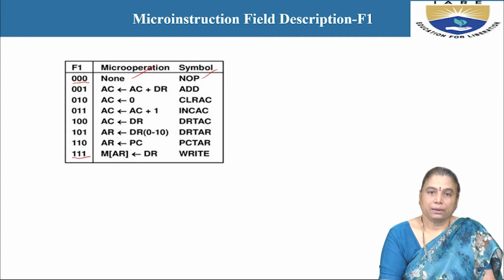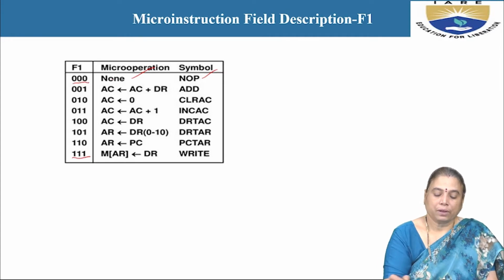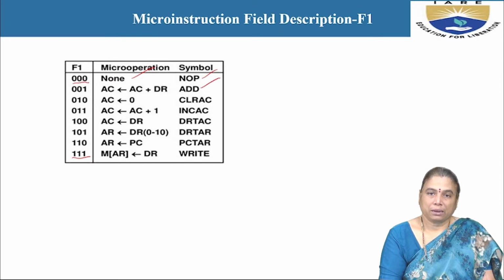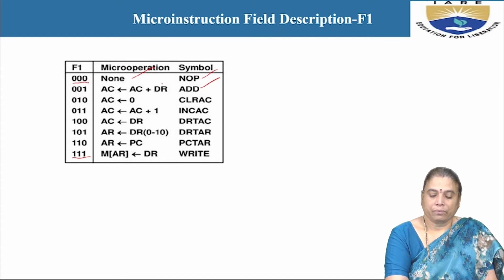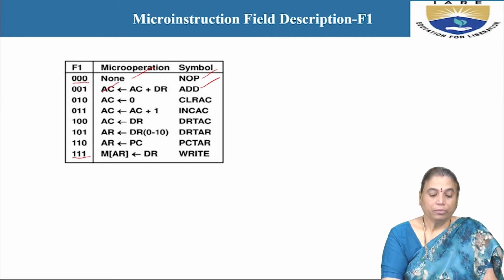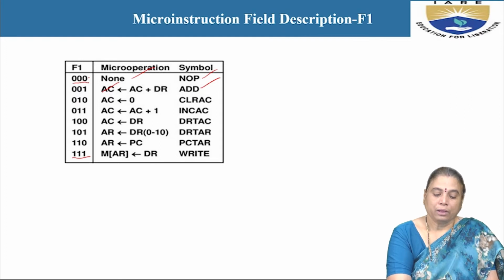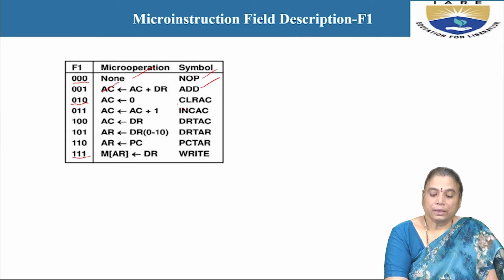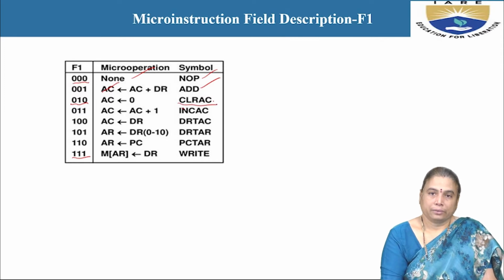If field 1 consists of 001, then the ADD micro operation can be performed. During that time, the data register value is added with the accumulator value and the result is stored in the accumulator itself. In case F1 consists of 010, it is CLR AC, clear AC.